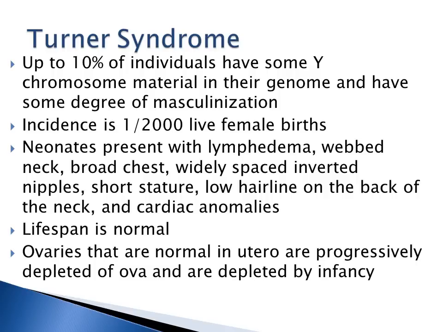The lifespan for individuals with Turner syndrome that are born alive is normal, and ovaries that are normal in utero progressively get depleted of their ova, and by infancy there's no ova remaining.